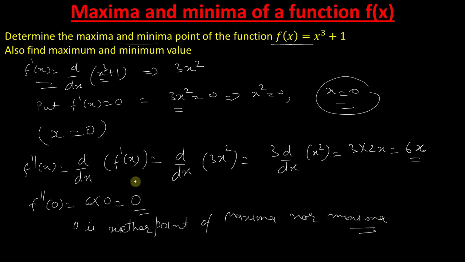For maxima the second derivative has to be negative, and for minima the second derivative has to be positive, but it is 0. So this value x is equal to 0 is neither a point of maxima nor a point of minima. So that is how you find maxima and minima of a function.